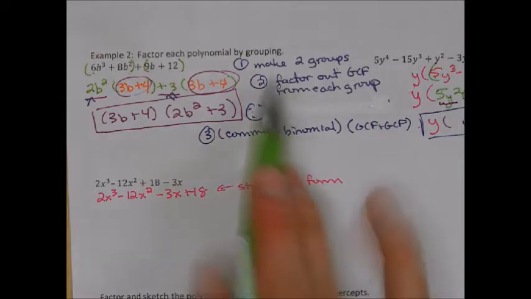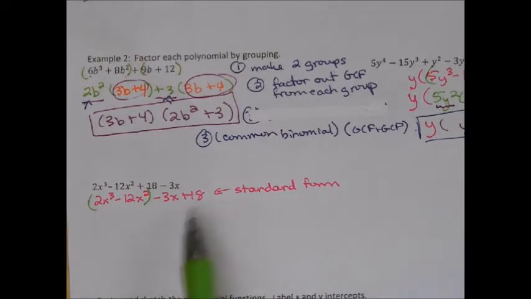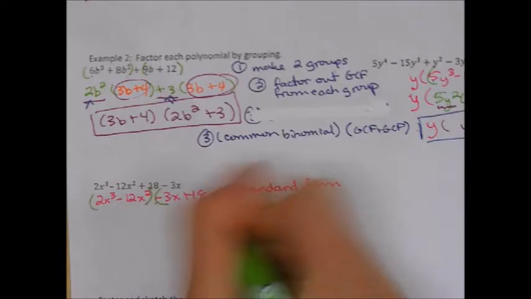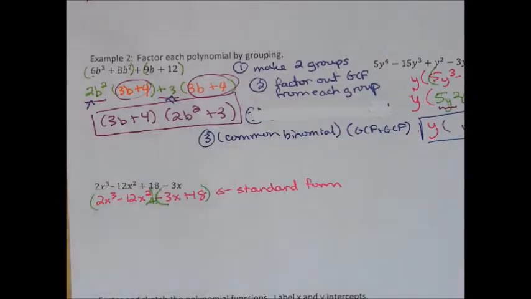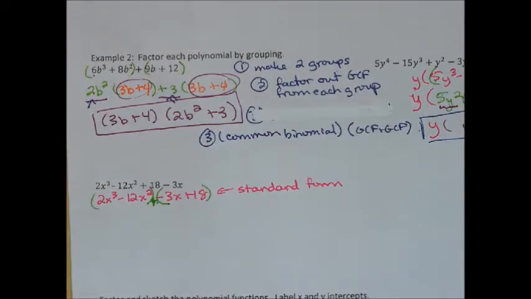All right, so let's make the 2 groups. Now, whenever I have a minus here, we're going to put the minus with the 3 and put a plus in between them. So we made our 2 groups. Now let's factor out the GCF from each group.